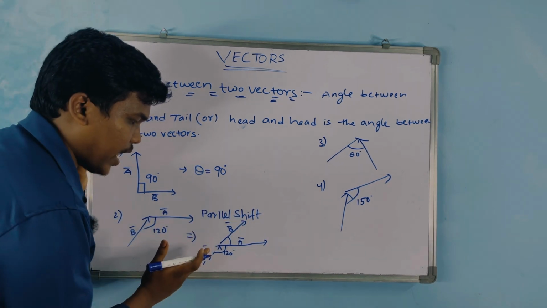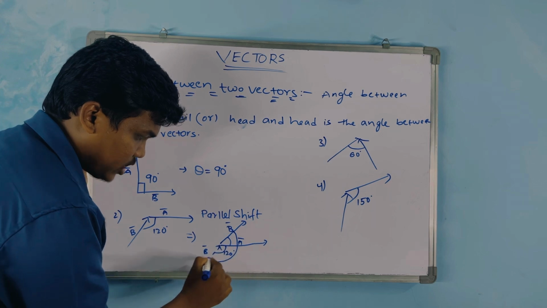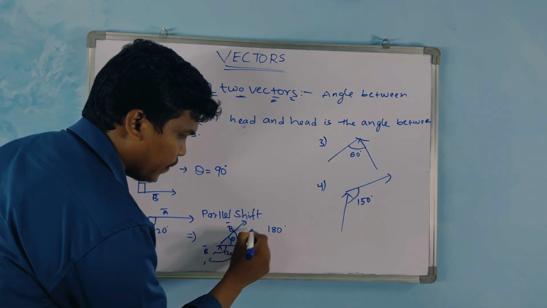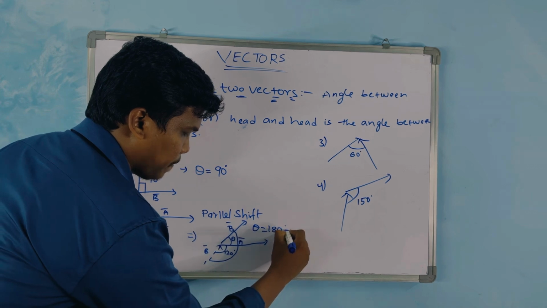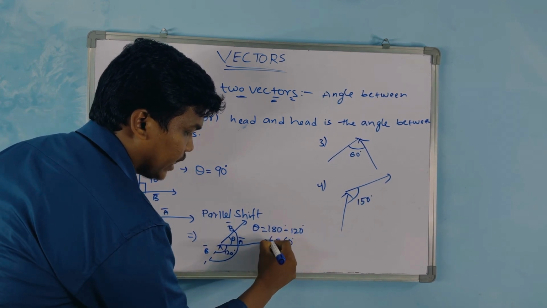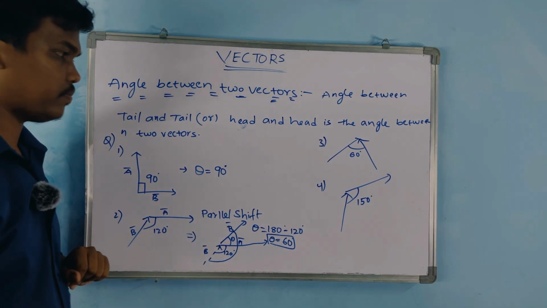The total angle is 180. So this theta will be 180 minus 120. We get 60 degrees. Theta is 60 degrees. This is the angle between two vectors.